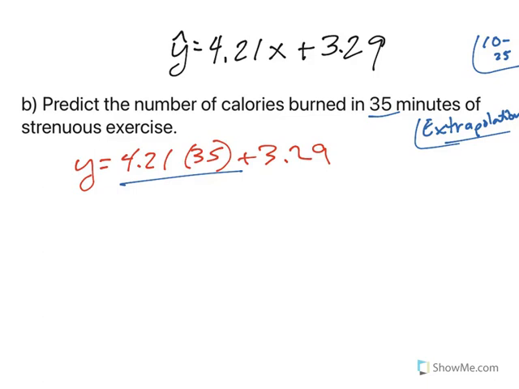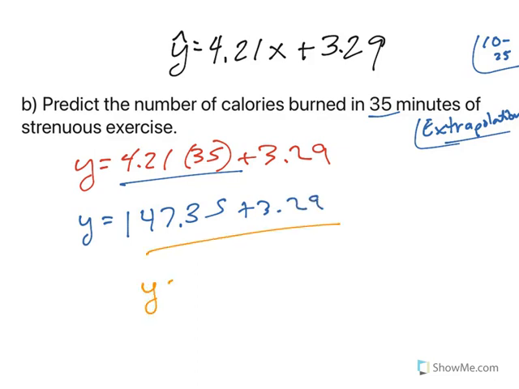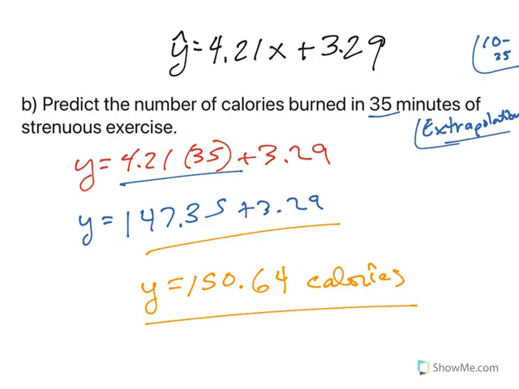I'm going to multiply 4.21 times 35, which is 147.35, add the 3.29 to it, and if I exercise strenuously for 35 minutes, I should burn roughly 150.64 calories.